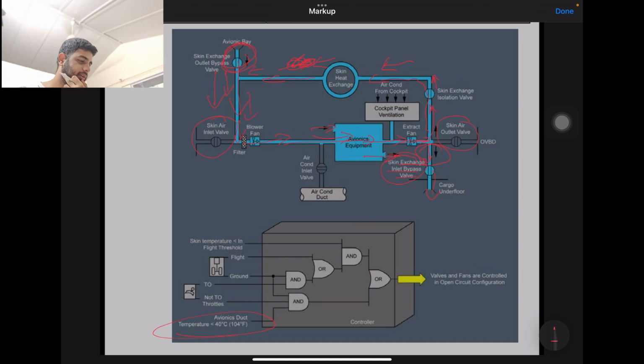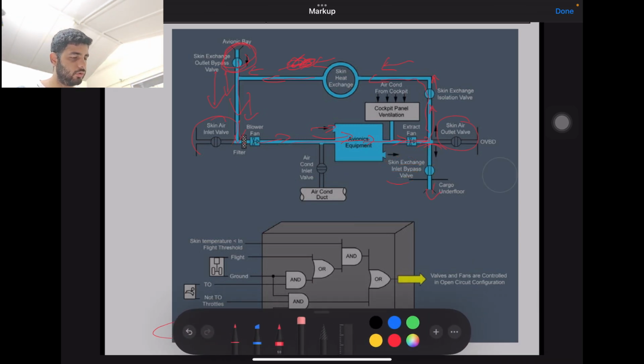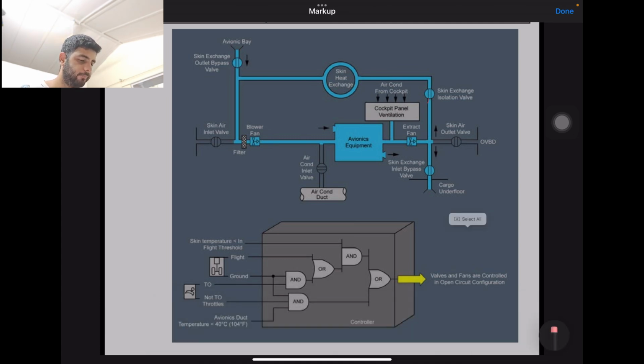So that's a closed config. Now people get confused between the transfer between closed config and intermediate config. So we'll come to that in some time. Just let me talk about intermediate, and then I'll explain how you understand the switching between the closed config and intermediate config.